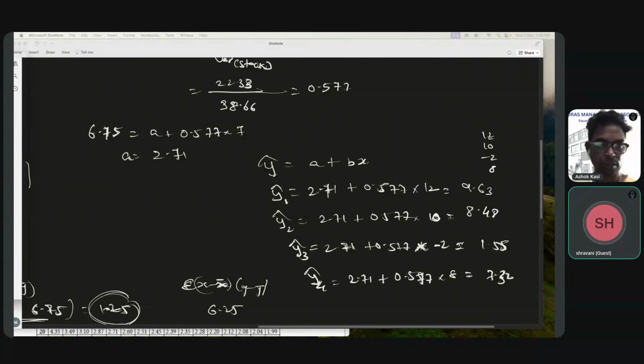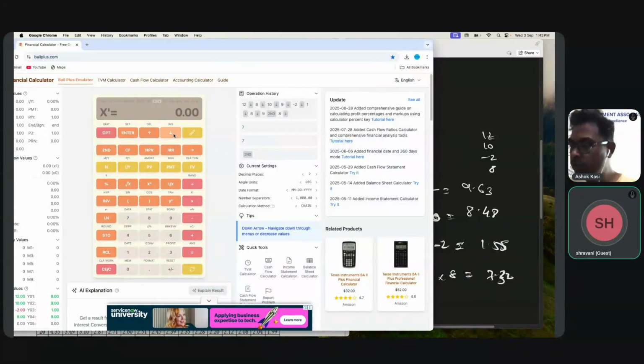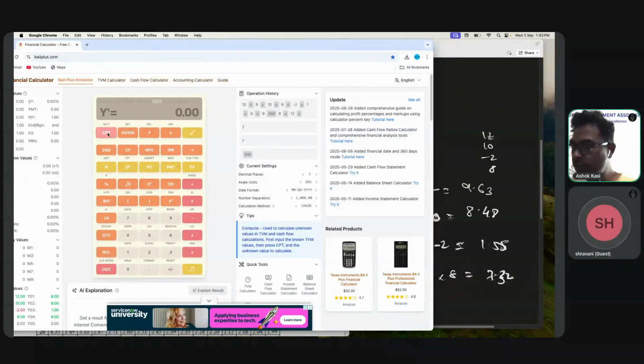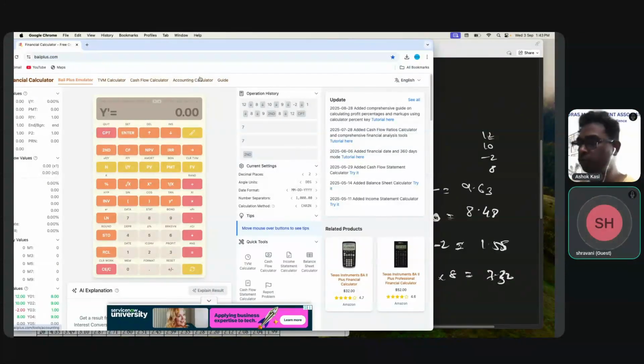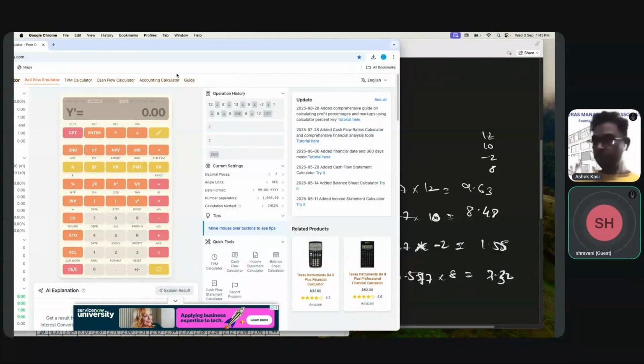I think here it doesn't work, this one. Here you can check, X is 12. So 12, enter, downward arrow, Y, compute. Yeah, it is not working. You check now: X 12 and then Y, and then when you get Y, you will get 9.63. Click compute. Yeah, 9.63.